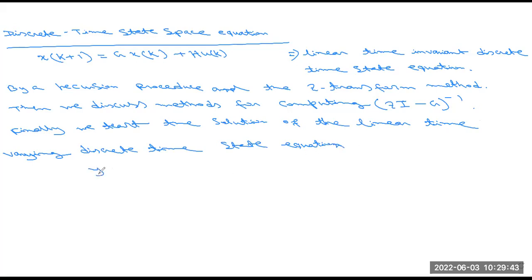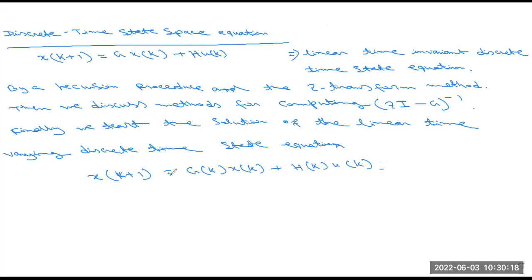We have to express that as x of k plus 1 equals gk into xk plus hk into uk. Last class we discussed this for the linear time invariant discrete state space equations.